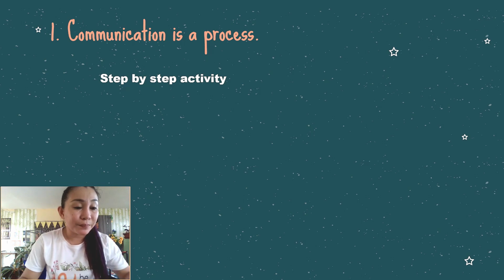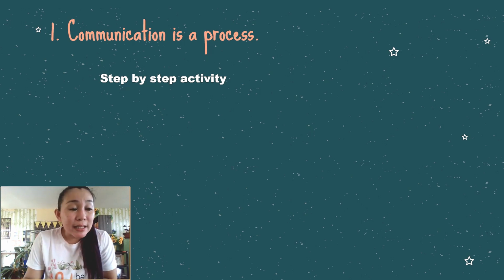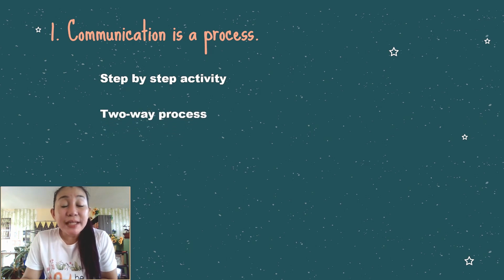Meaning to say, you have to essentially involve a receiver and a speaker, a sender. Okay? Second, it is a two-way process that involves the active participation of both the sender and receiver.